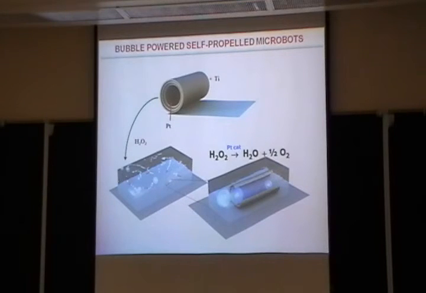Okay? And in this case, the inside of the tube is platinum. And it's only one metal here, so there's no redox reaction going on. Just one metal. And so what happens is the hydrogen peroxide goes in, platinum decomposes it to oxygen, bubbles are formed, shoot out, and this one is a rocket action.